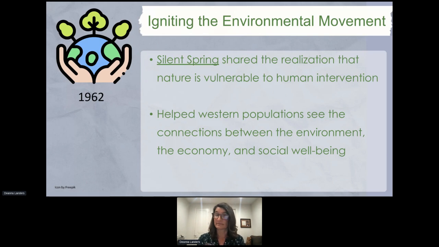Our nature of Earth is vulnerable to human intervention, that when we were making developments in the economy, for us socially as people, we were actually causing harm to the environment. So this was sort of a wake-up call. There had been an environmental movement previously, but this really ignited it. It really made it clear to at least Western populations that there was a connection between environment, economy, and social well-being. And this is in 1962.